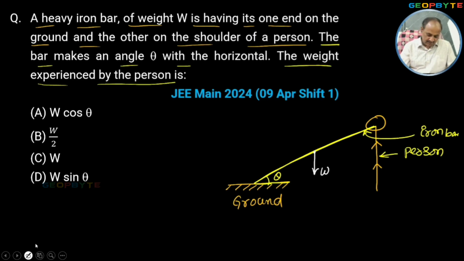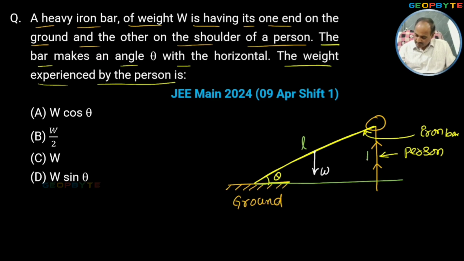For that, let us assume the length of the bar. Extend this line like this. Length of the bar is L. Then let the height of the person be h. A, B is the base, BC is the height of the person.